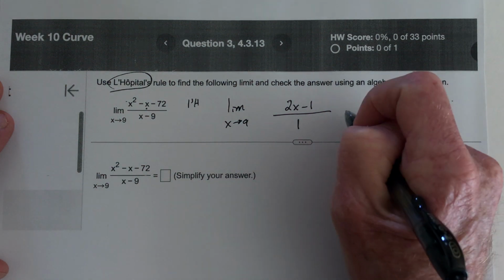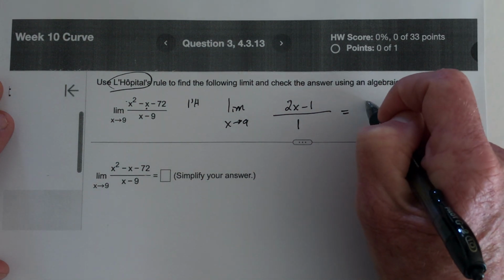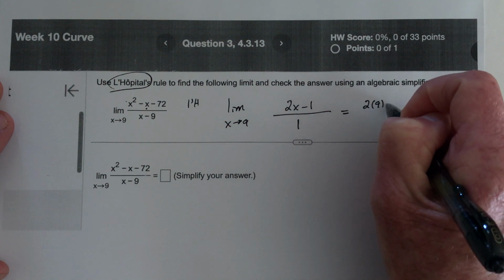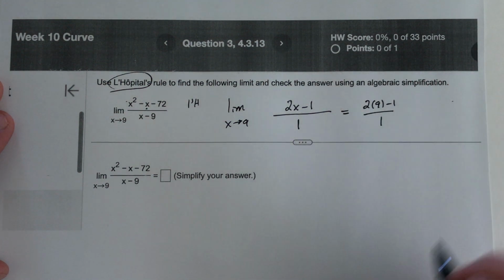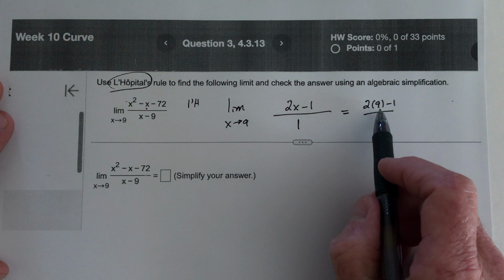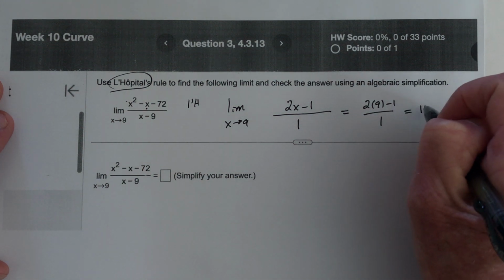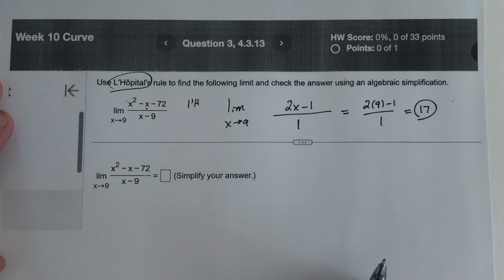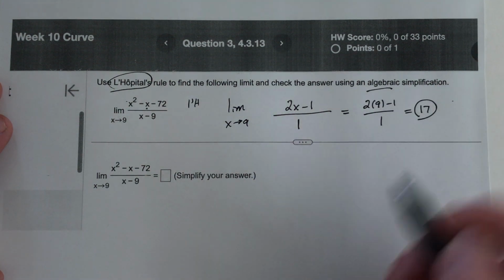Now if I plug in the 9, there is no division by 0, so there's going to be 2 times 9 minus 1. And this is going to be 18 minus 1, which is 17. So that's L'Hopital's rule. Then, for extra fun, use algebra.